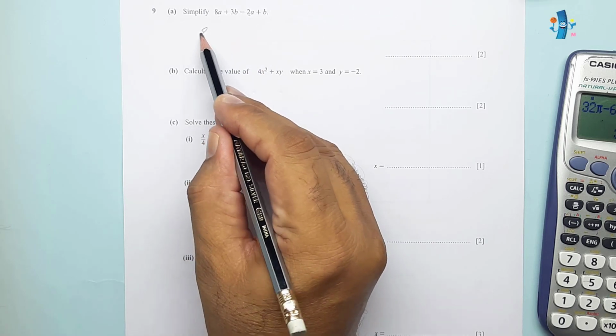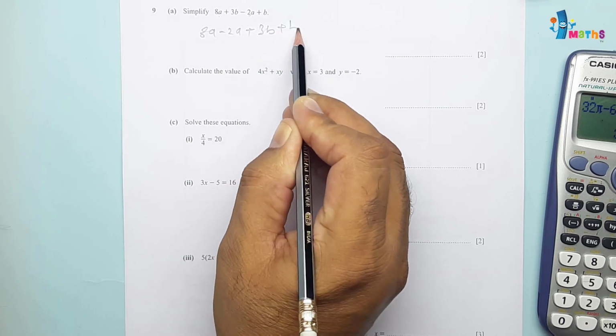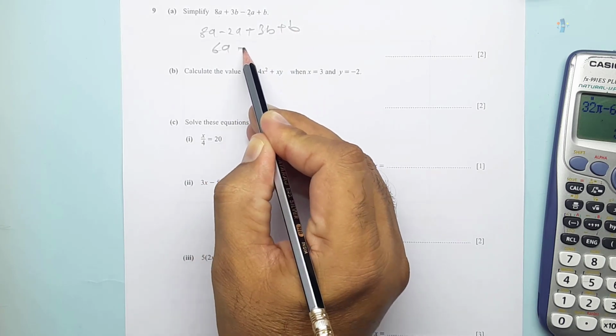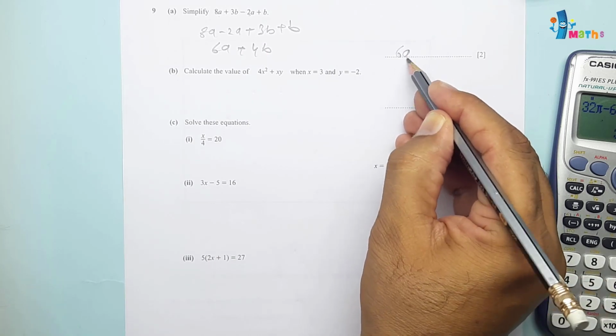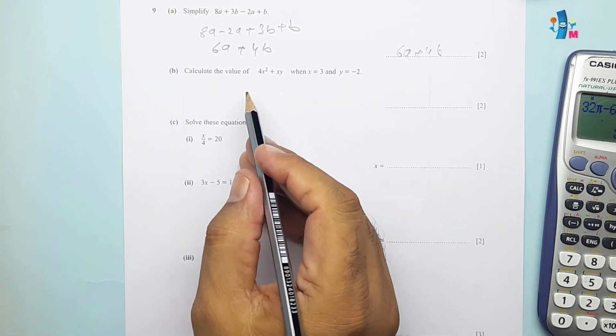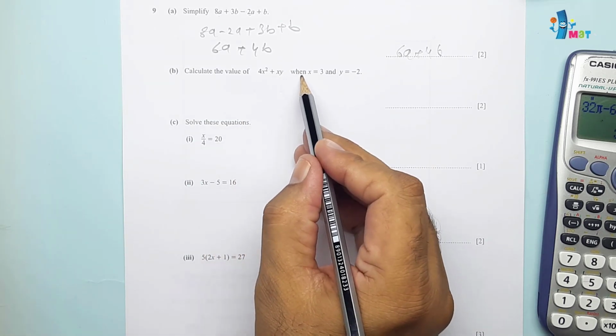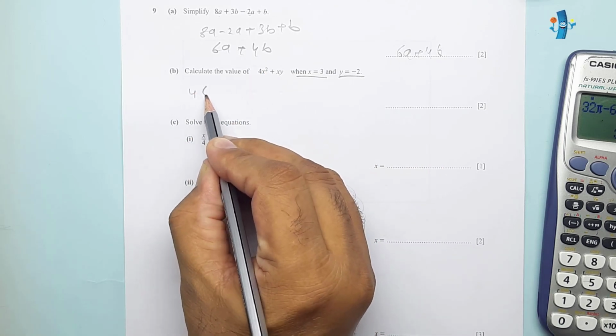First we will arrange this like this, and 3b plus b, this will be 6a plus 4b. We can write here as answer 6a plus 4b, and then calculate the value of this when x is equal to this, y is equal to this. We will just replace these values.